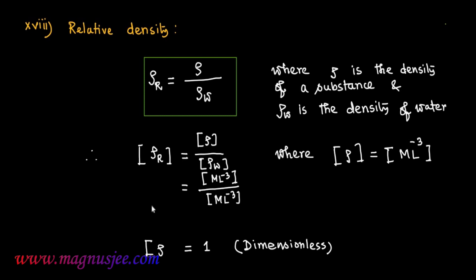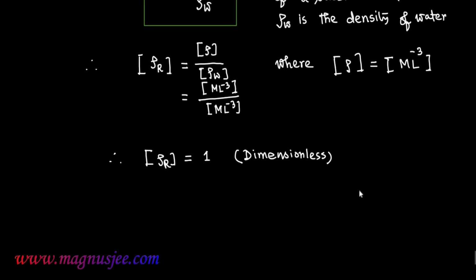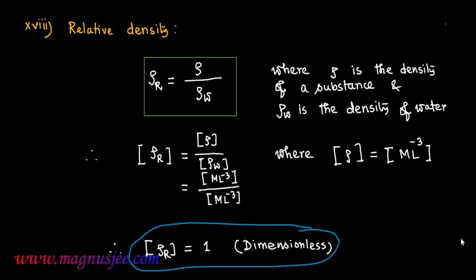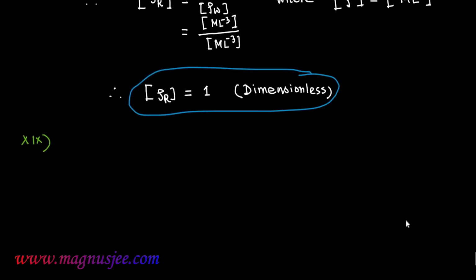So finally we get the dimensions of rho r as 1. That means relative density has no dimensions.